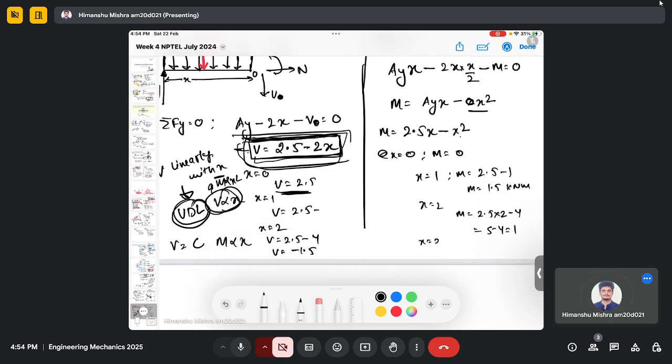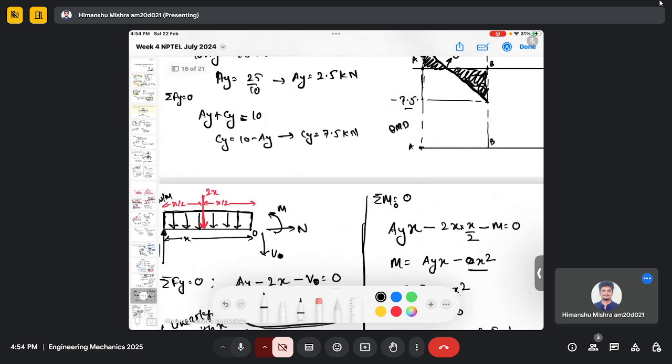At x equals 3, it will come out to be negative, which is minus 1.5 kilonewton meter. So if you keep doing this until x equals 5, you will have something like this.